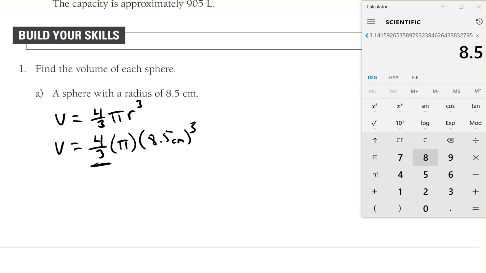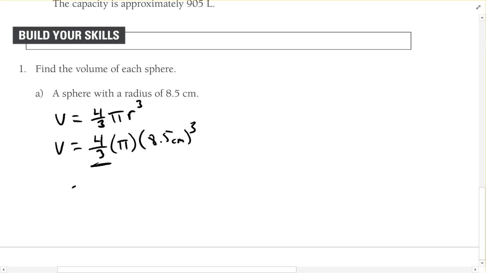On my calculator it's this x to the y one, so it's to the power of 3, and then equals. So the volume of this one is going to be 2,572.72 centimeters cubed.